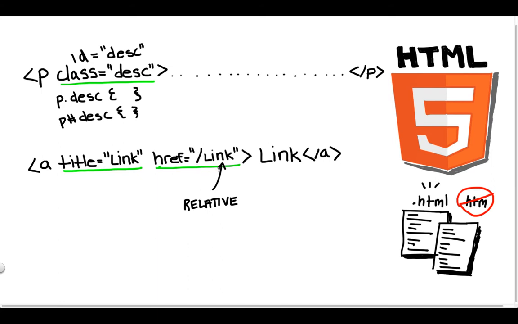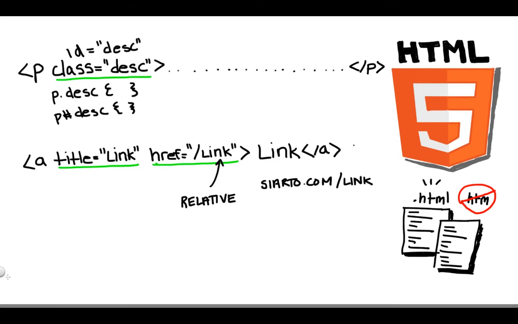So if this link were live on the internet, when I click this, it would take me to /link at the web page. So if I was on Cswd.com and I click that link, the link would be Cswd.com/link.